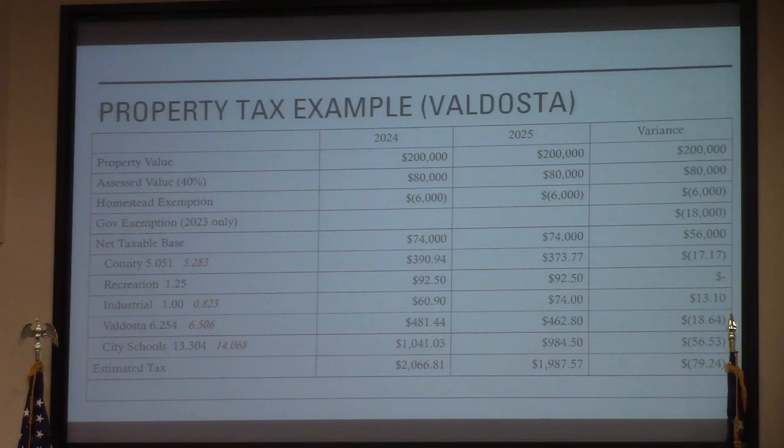Under 2024, the tax bill was $2,067. 2025, it would be $1,987, which is a savings of about $79, with the rollbacks between the school systems and the county and the city. Again, you would add $7.40 back to that if you chose to increase that industrial millage.